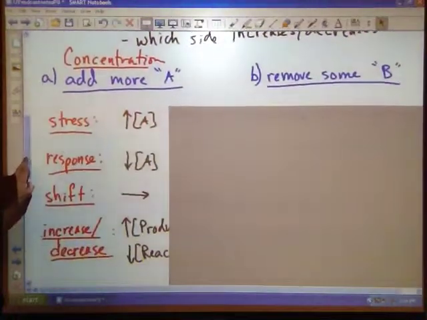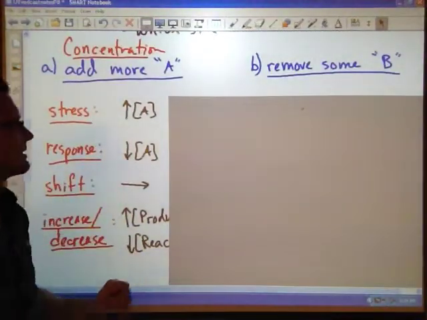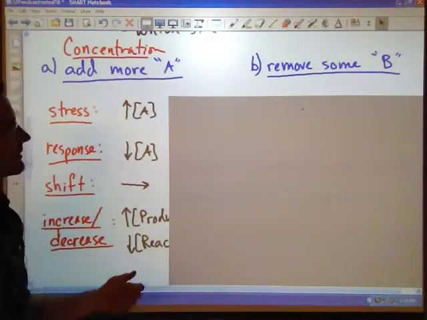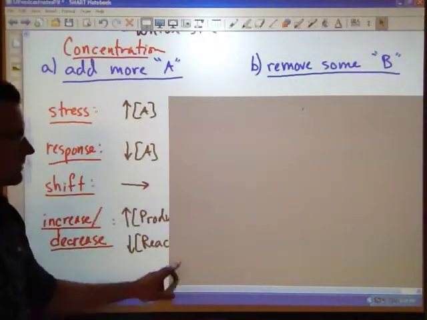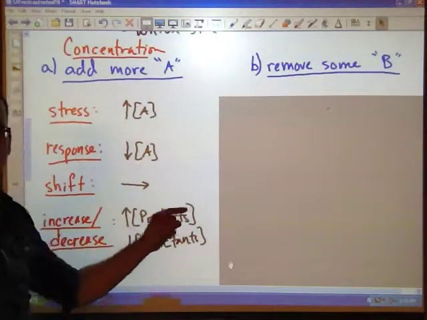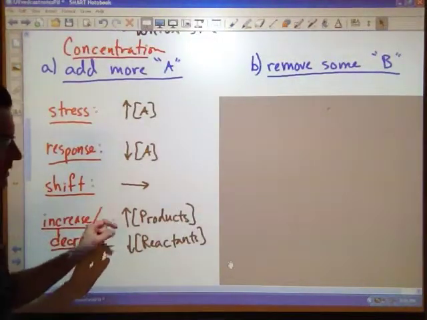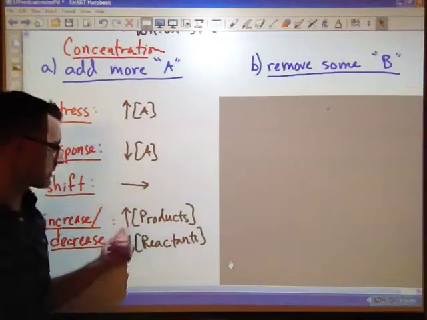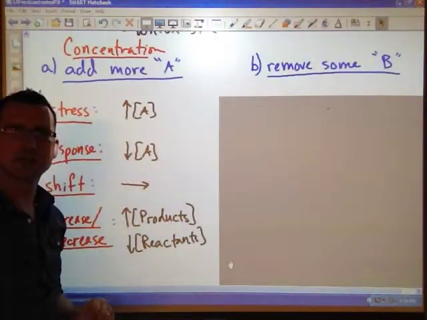So the stress is an increase in A, the response will be to decrease A, so things will shift to the right in order to use up the reactants and produce more products. So if things are shifting to the right, there'll be more products produced and reactants will be used up. So increased products, decreased reactants.